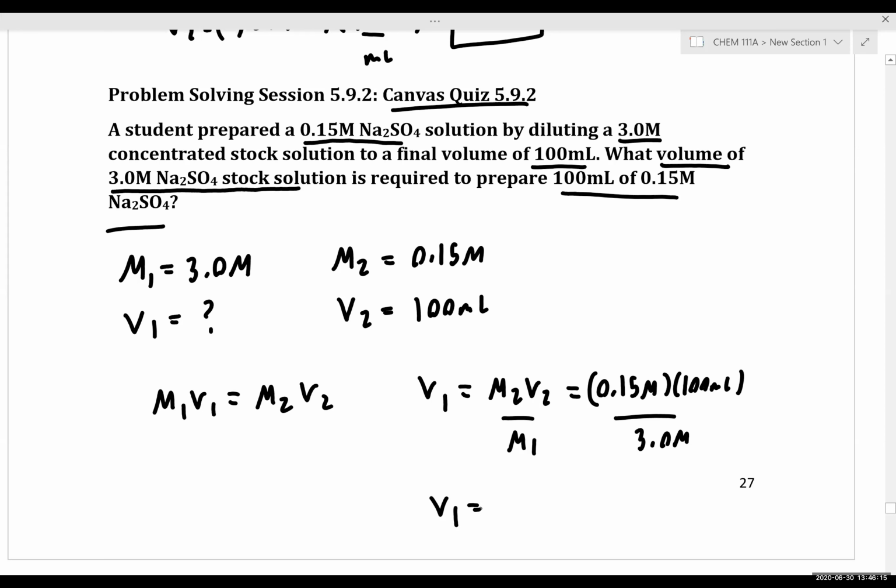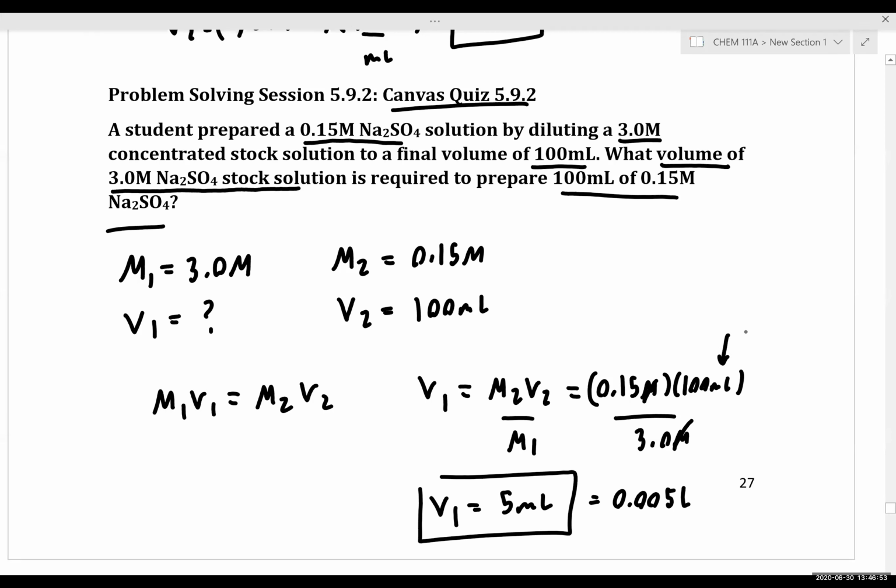That gives us an initial volume of 5 milliliters, which we can also write as 0.005 liters. Any questions on this example? As we see, units of molarity cancel, and we're left with units of milliliters.